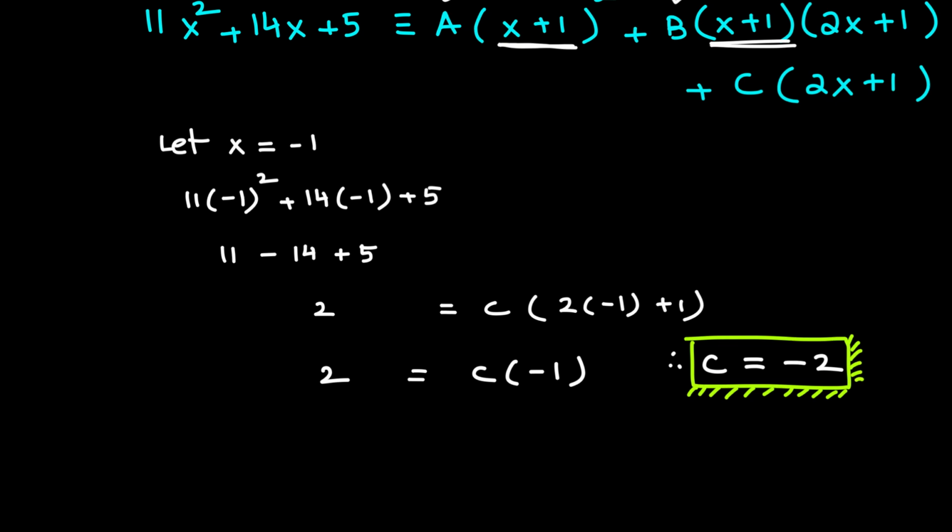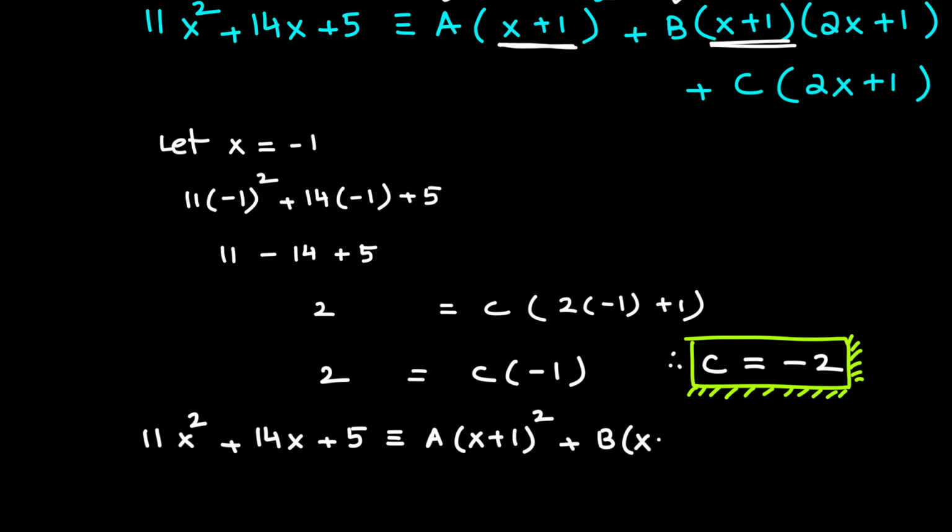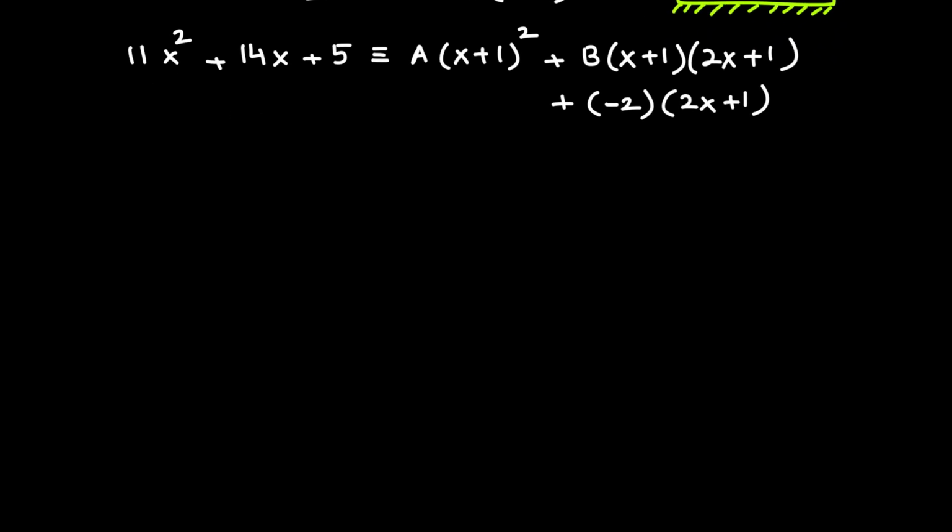Let's proceed. The expression is still the same. 11x squared plus 14x plus 5 is identical to a multiplied with x plus 1 whole square, b multiplied with x plus 1, 2x plus 1, and c, I can plug in the value -2, 2x plus 1. Now, our objective is to find either a or b.